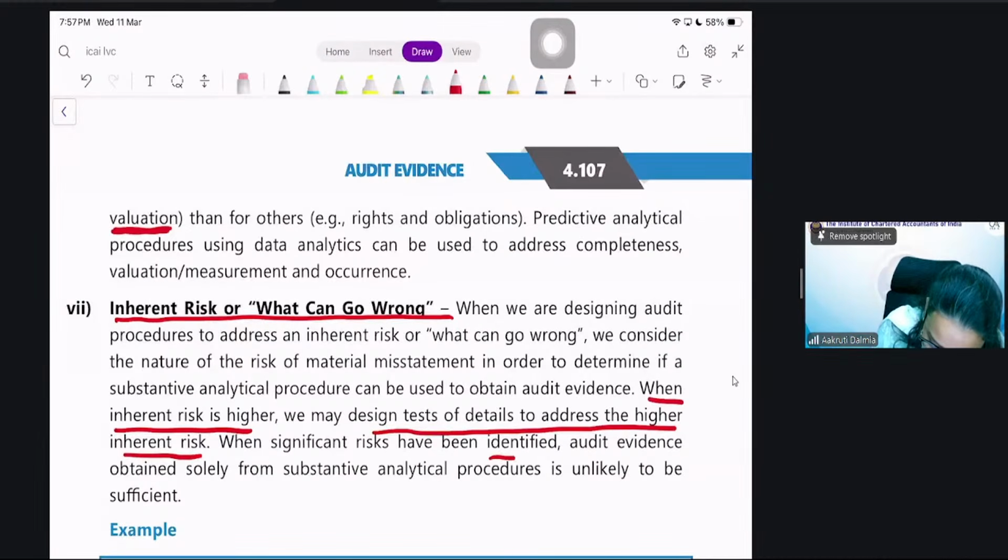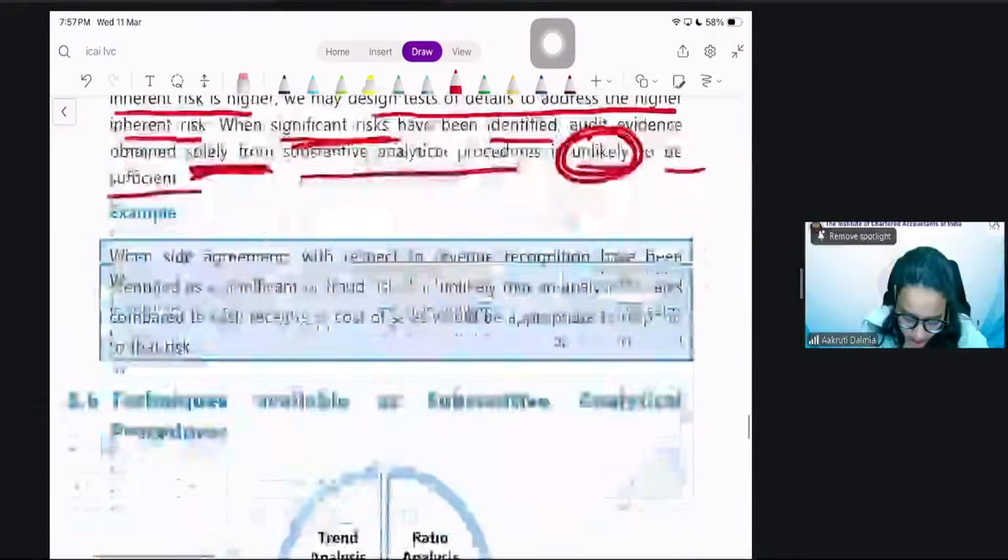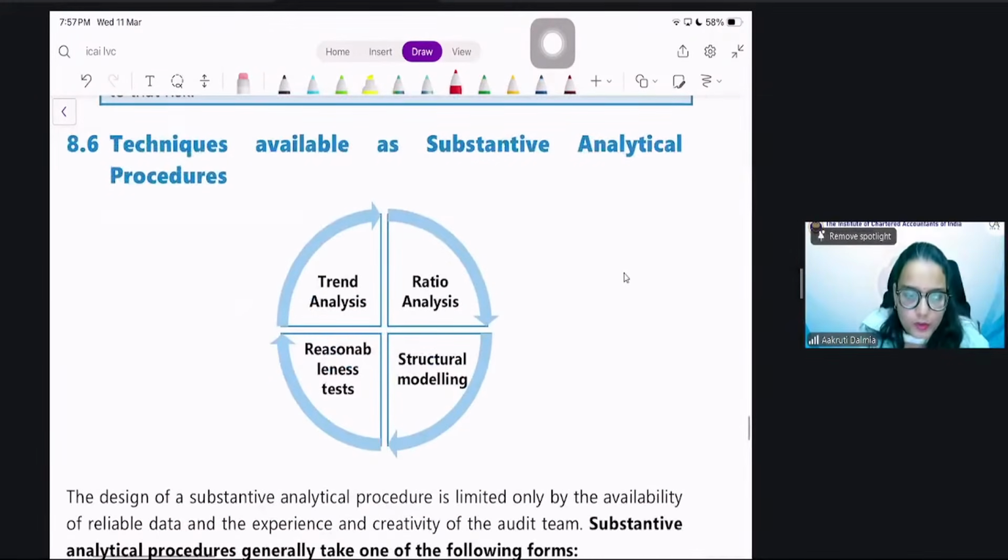When significant risk has been identified, evidence solely from substantive analytical procedure is unlikely to be sufficient. So if the risk is very high, evidence only from substantive analytical procedure is not enough. You have to use a mix of vouching, verification, and analytical procedure. Okay. That's it. So this much is clear.